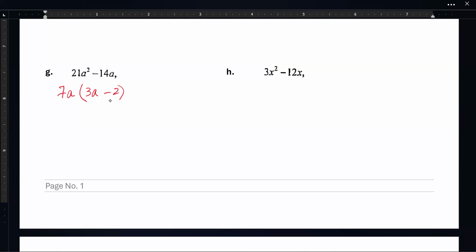In this question, we'll take 3 as common. We will take x power 1 as common. So it's going to be x minus 4. This is your final answer. And remember, factorization means your expression should be in the form of a product. That's the key definition of factorization.